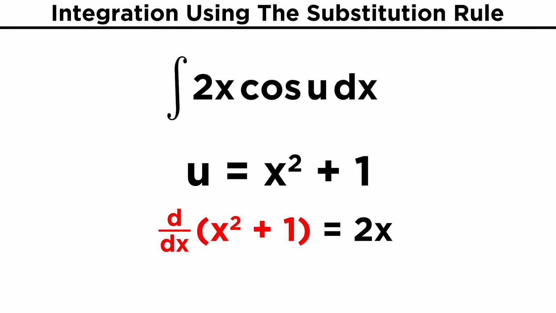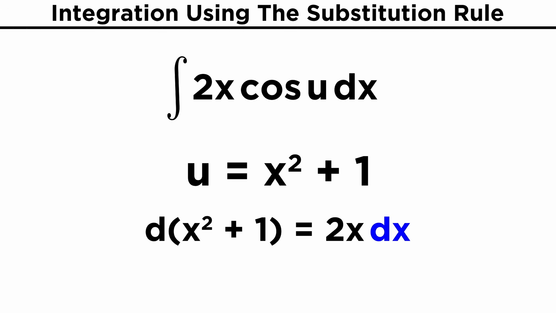Let's understand that d over dx of x squared plus 1, or the derivative of this function with respect to x, is 2x. Now we can do something tricky. Let's bring the dx up to the other side to get 2x dx. This may seem strange, as dx is simply part of the notation d over dx, and it may not look like something we can manipulate algebraically.